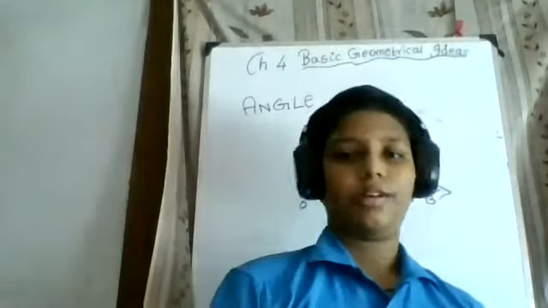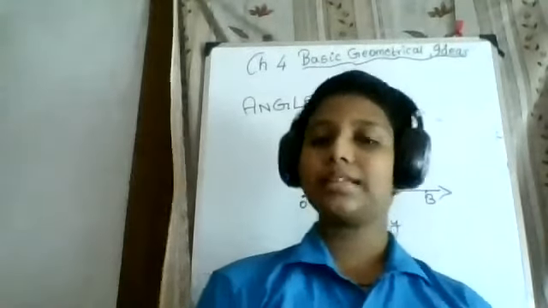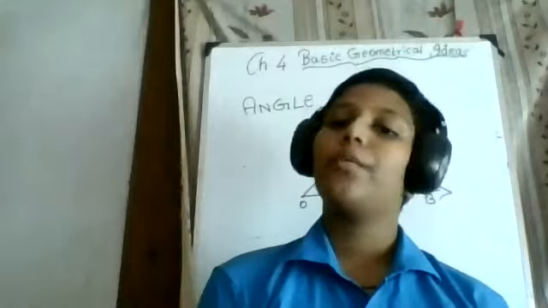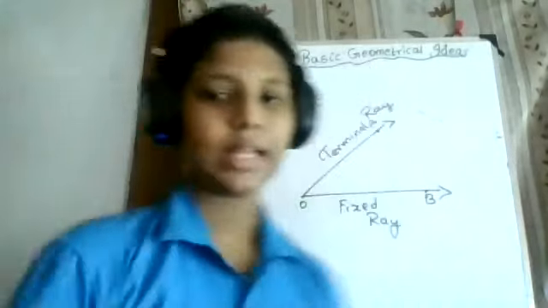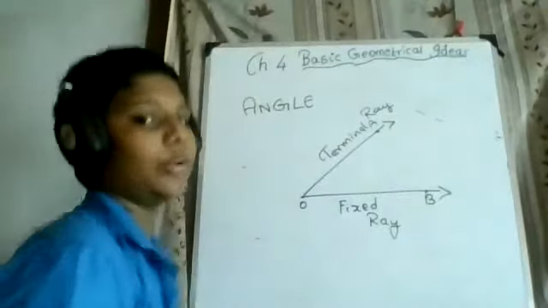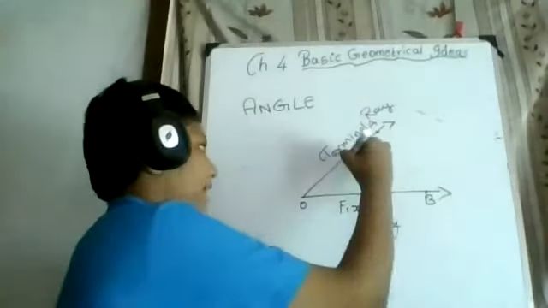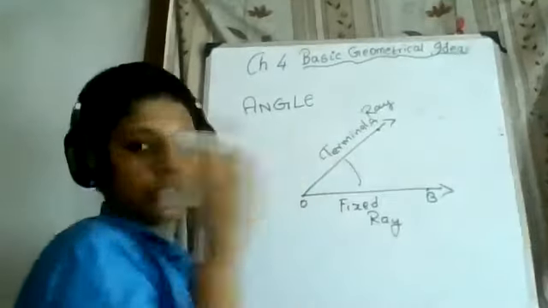Okay. Now, what is an angle? An angle is formed when the starting point of the two rays is the same. See, the angle is formed here.